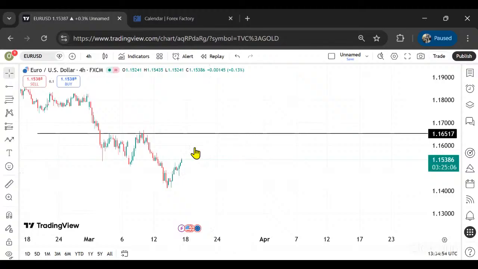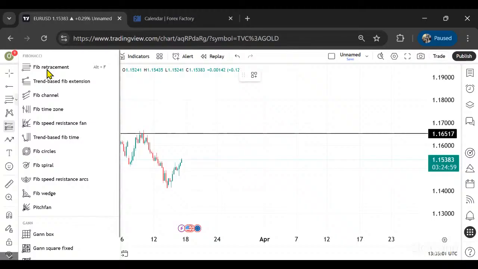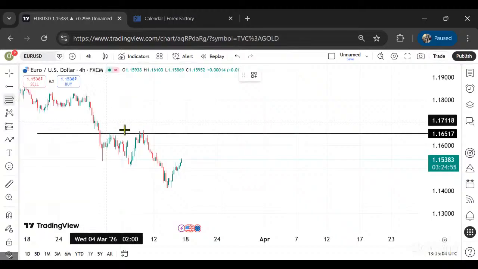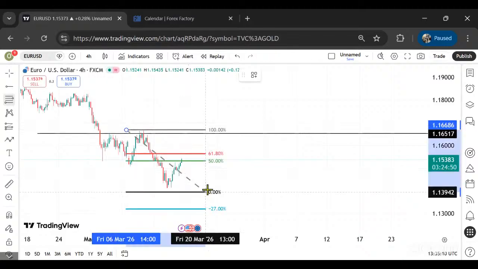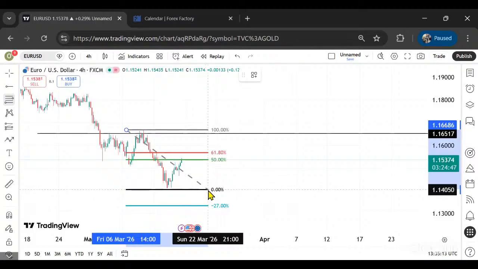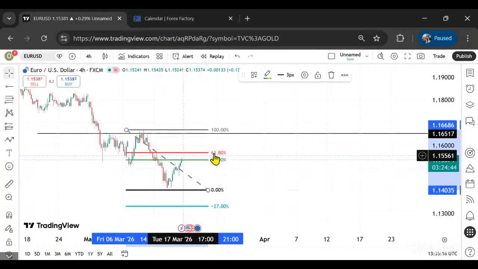All right. And again, if I pull up my Fibonacci retracement tool here and draw it, the market can obviously come and touch this 61% area and start selling.